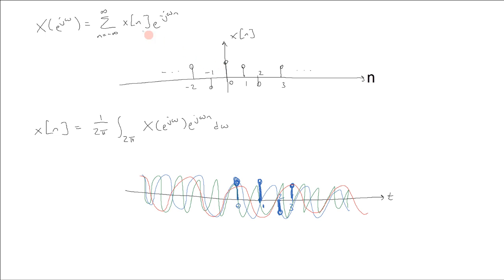And this is exactly how the discrete time Fourier transform decomposes a discrete time signal into a summation or integration of cosines and sines, which then can be added back together to create our original signal at these sample locations.